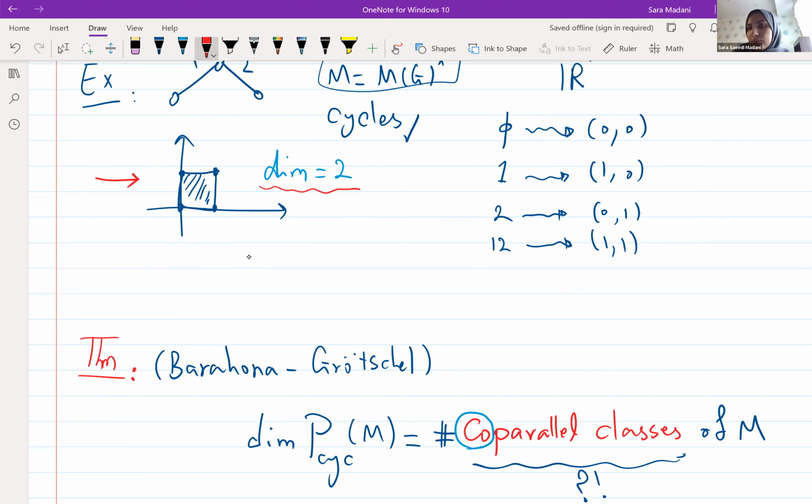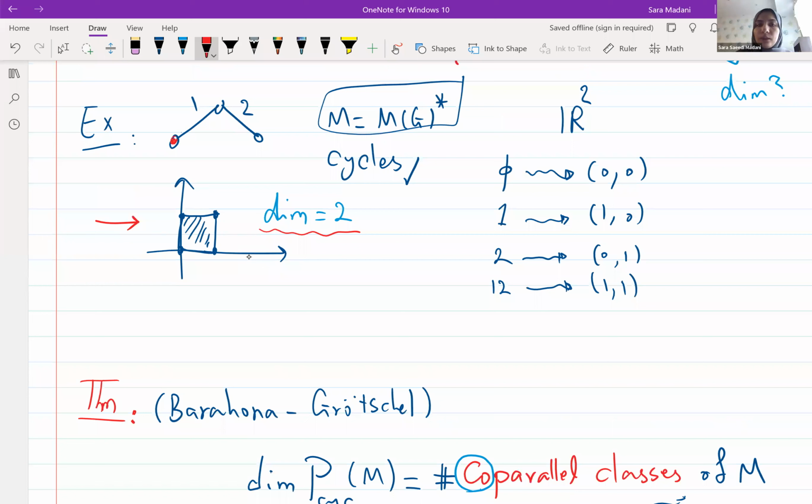At least we see that it is valid for this example. So my graph is this path with 3 vertices. I'm going to compute this number of co-parallel elements of M.